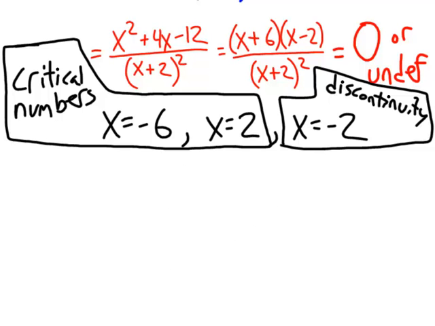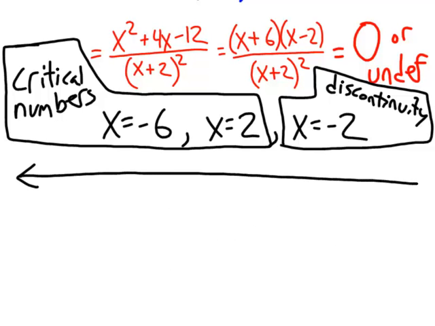So let's go ahead and figure out what our intervals are going to be. And again, I typically like to start with the number line. Let's say that this is negative 6, and this is going to be our negative 2, and then we'll have the positive 2 here, and of course we'll have negative infinity and positive infinity here.